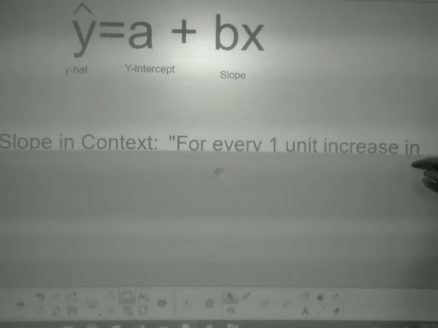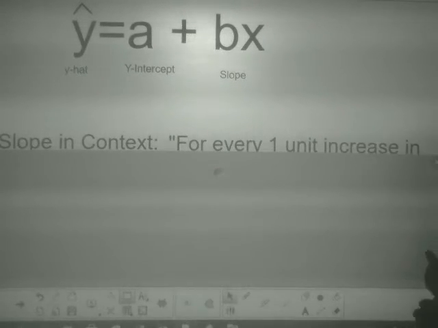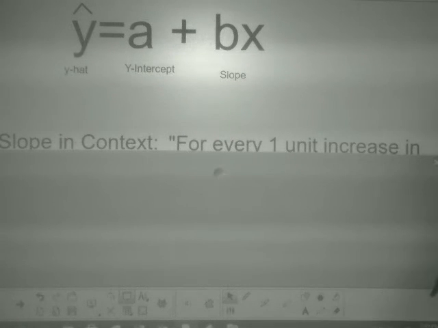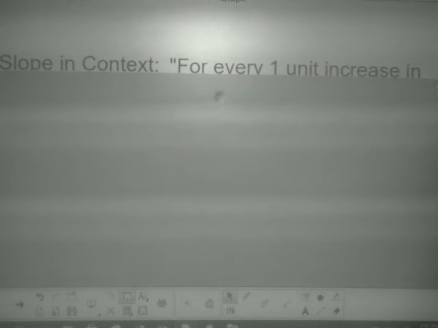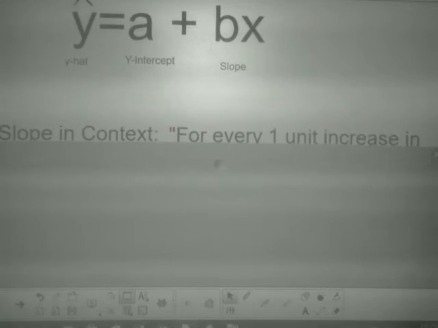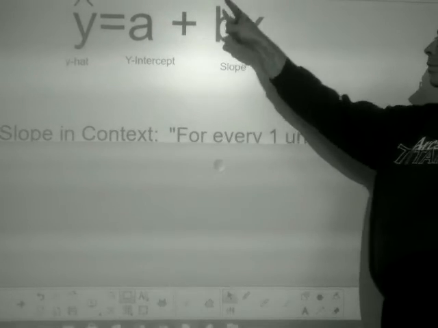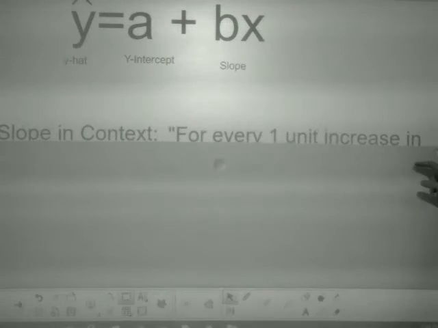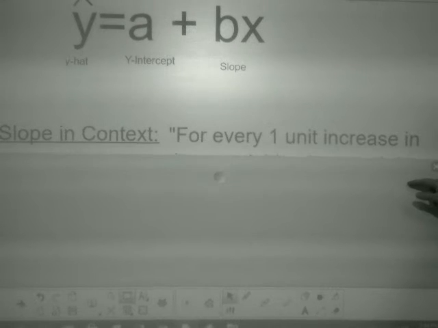Now, we're going to talk about slope and y-intercept, and then we're going to talk about how we created the equation. So, slope in context. This number is the slope, but what does it tell us? Here's what it tells us, and here's how we say it.